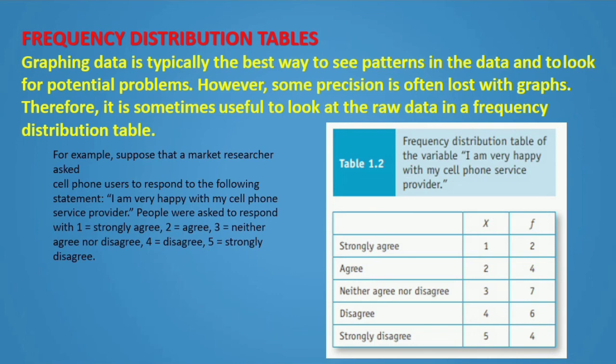Here, 2 people strongly agree, 4 people agree, 7 people neither agree nor disagree, 6 people disagree, and 4 people strongly disagree. So several types of ratings are given to the phone. So this is all about the frequency distribution table, which shows the data in a proper form.